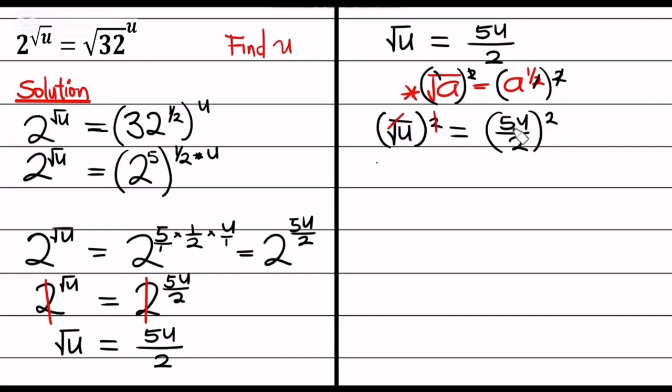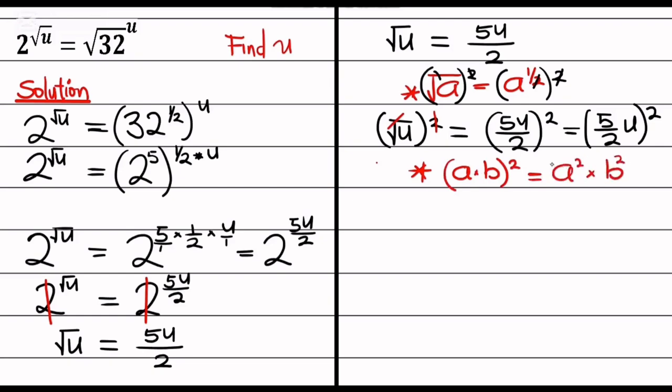And don't forget, what we have here is just the same thing as 5 over 2 multiplied by u, the whole stuff raised to the power of 2, because I'm going to need an index rule which says if I have a multiplied by b in parentheses all squared, I can also write it as a squared multiplied by b squared. Therefore, my equation will become, I only have u here, that is what is left.